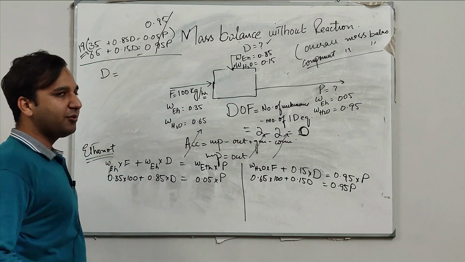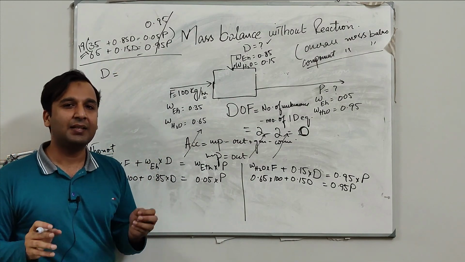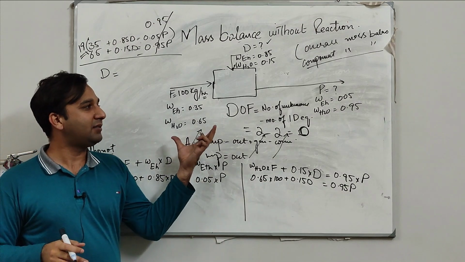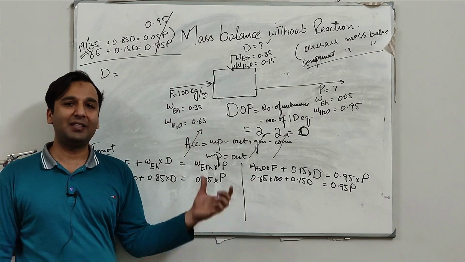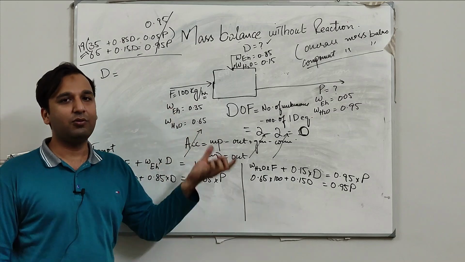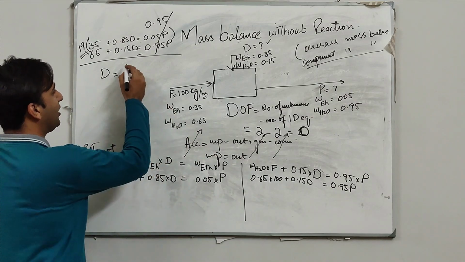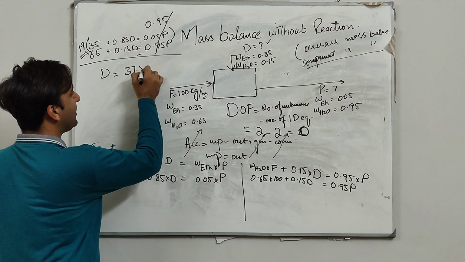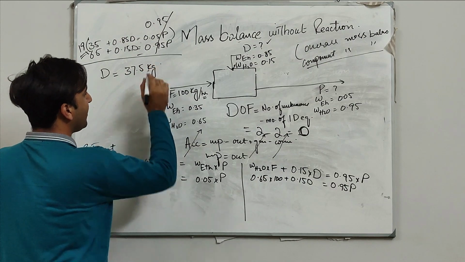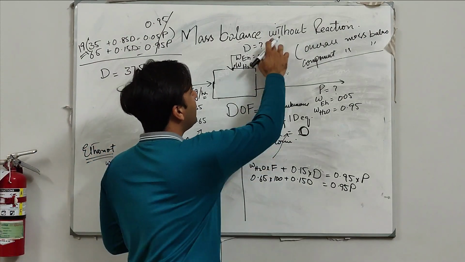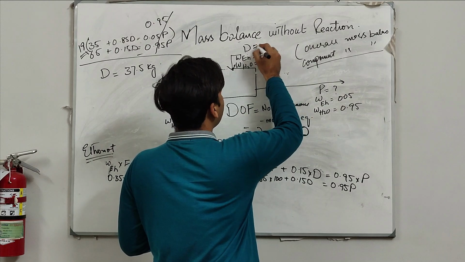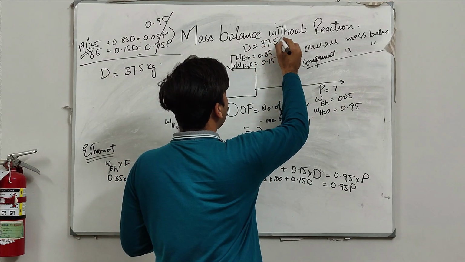I am not going to solve this linear equation, as if you are on this video for doing a mass balance problem, you already know how to solve a linear equation. So now the value of D will be 37.5 kg.